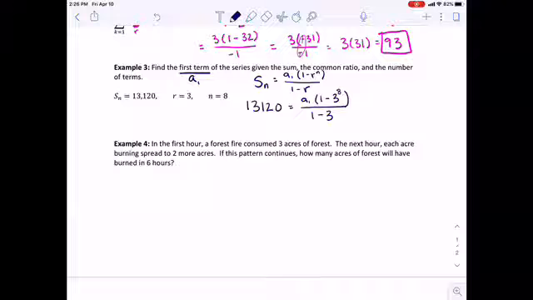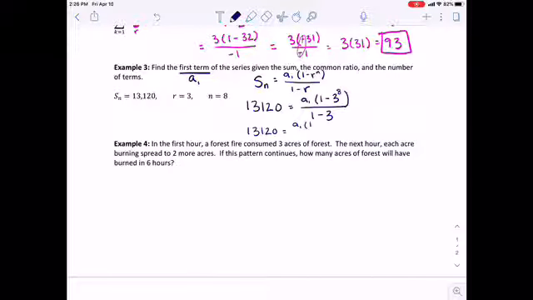all over 1 minus R, which is 3. To solve this equation, I'll have that 13,120 equals A sub 1 times 1 minus 3 to the 8th power, which is 6,561, all over 1 minus 3, which is negative 2. I'm going to pull this problem up here.